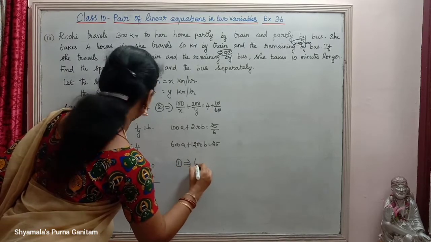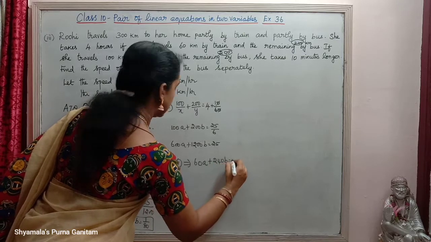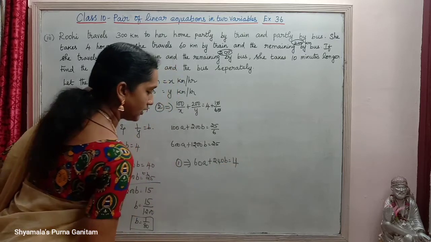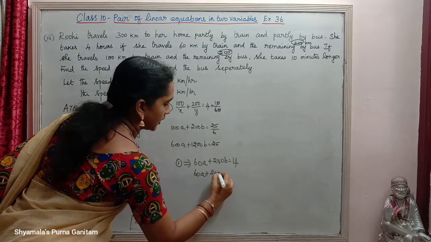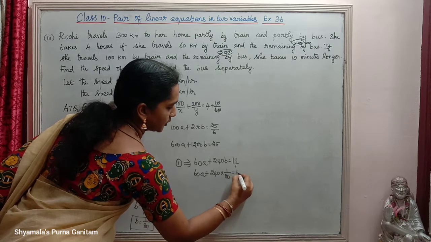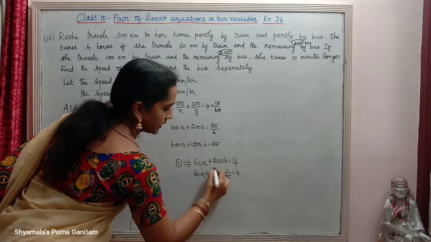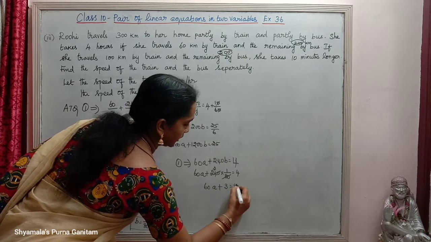Now substituting this B value in the first equation. So first equation is 60A plus 240B is equal to 4. So 60A plus 240 into B value, which is 1 by 80, is equal to 4. So 80 three times we will get. So 60A plus 3 is equal to 4.